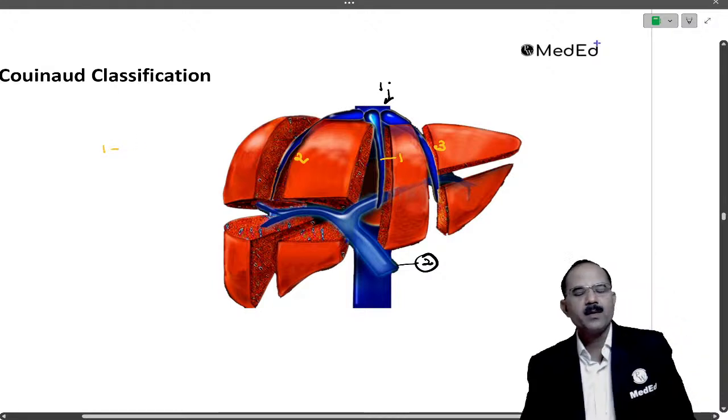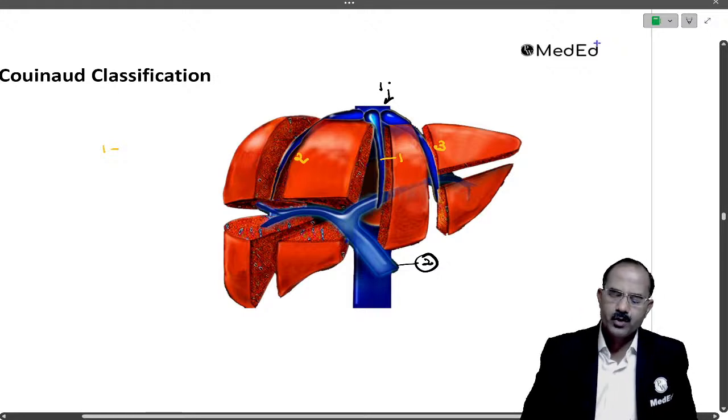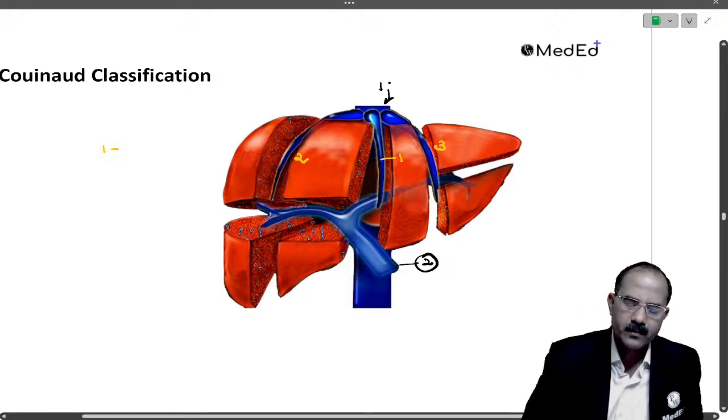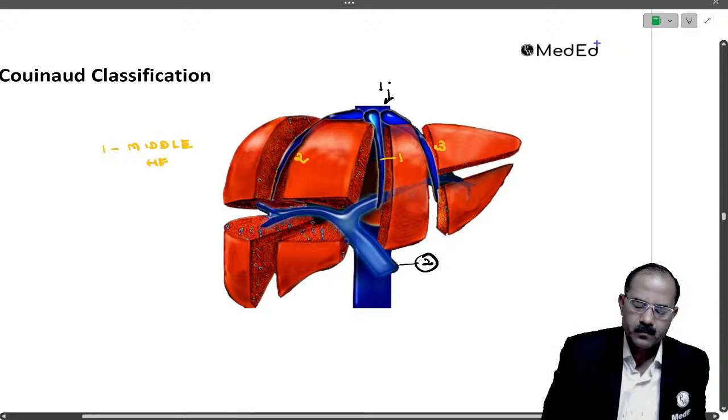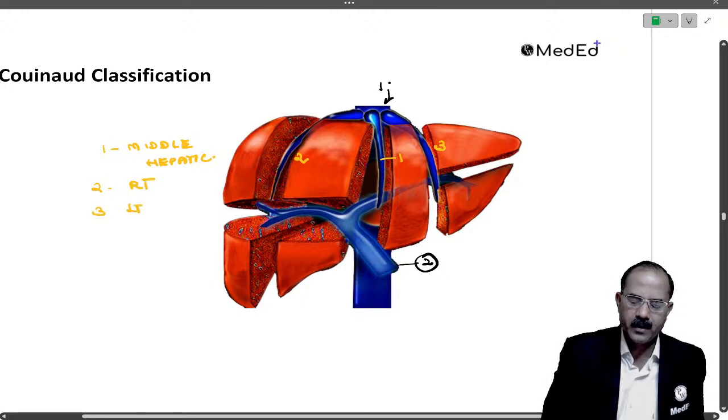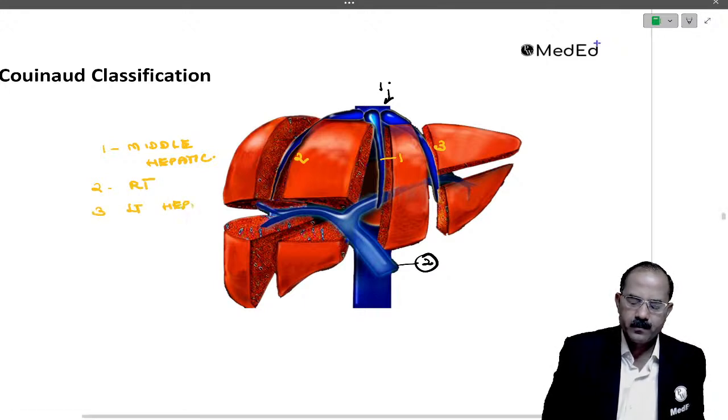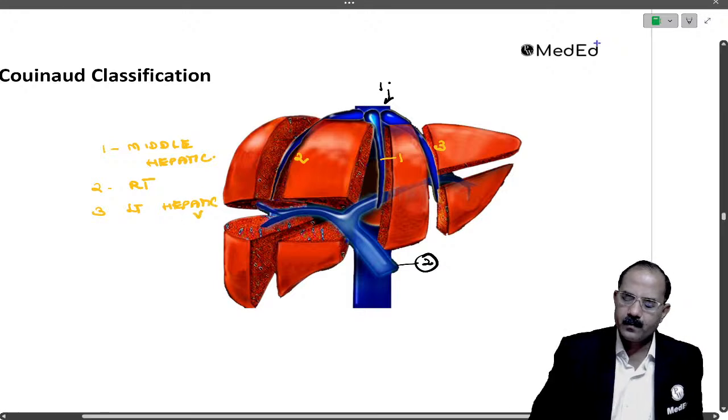Number 1 is the middle hepatic vein. Number 2 is the right hepatic vein. And number 4.